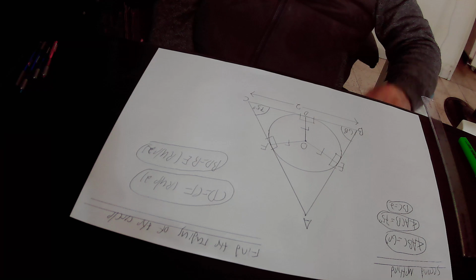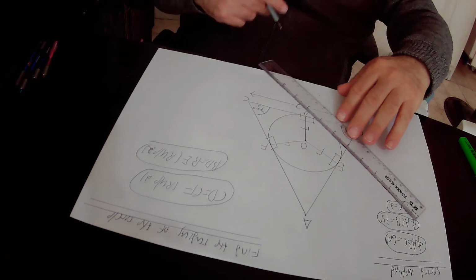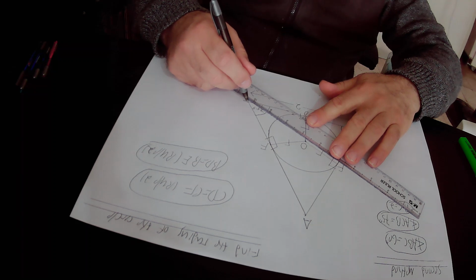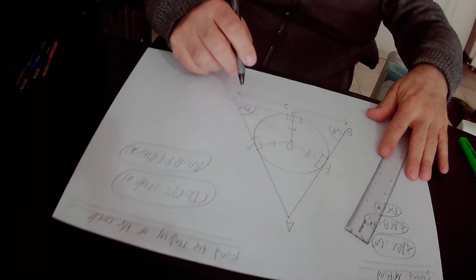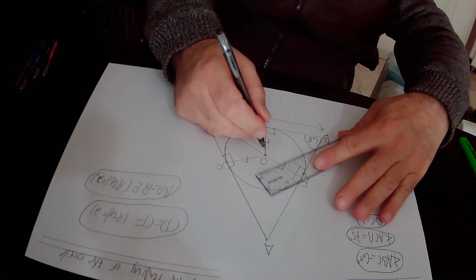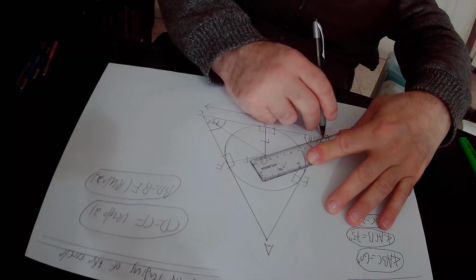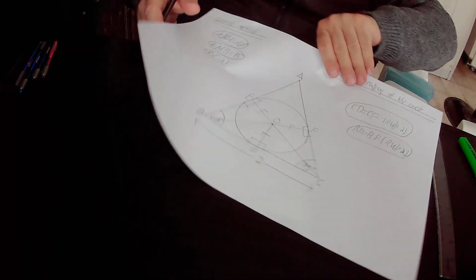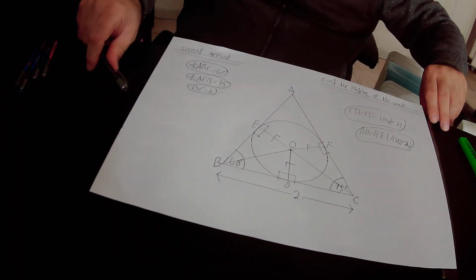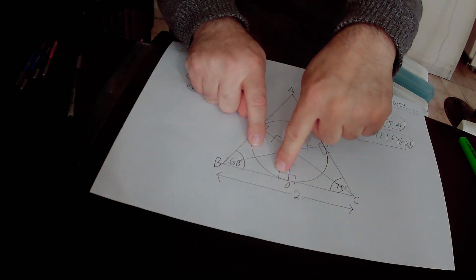In the next step, we join points O and C together by a straight line, and we join points O and B together by a straight line. We will prove that those two right triangles can go into each other.